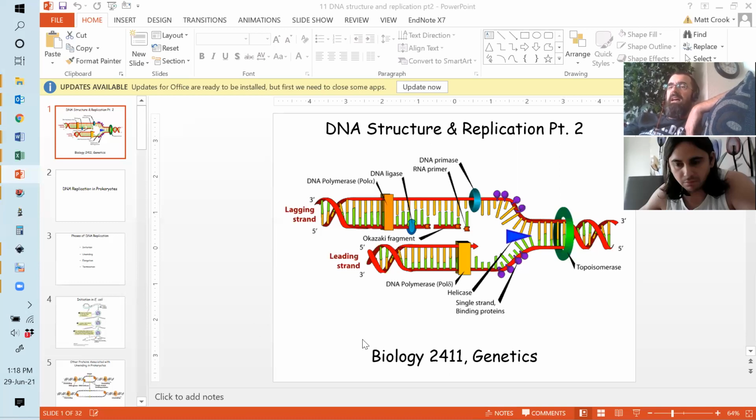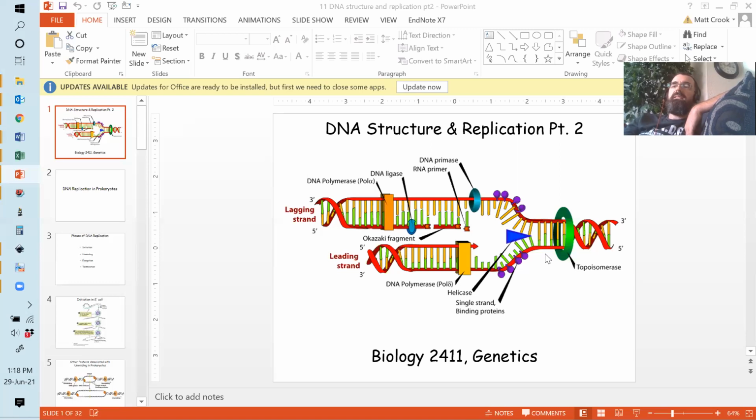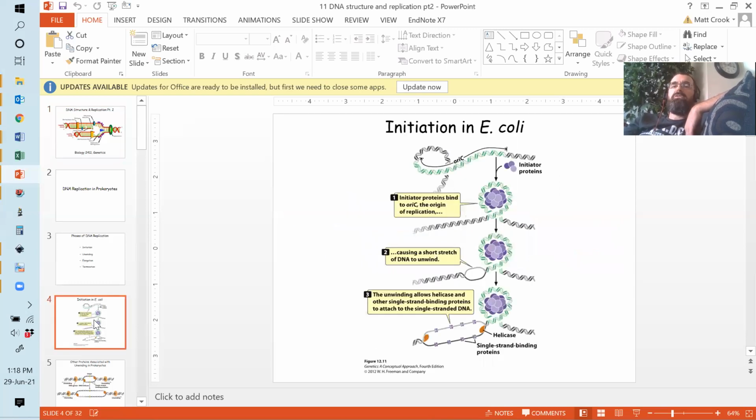So the first thing that has to happen is we need to create space where these enzymes can get in. We need to create single-stranded DNA, right? That's the first requirement. In E. coli, it's obviously a little different in prokaryotes.